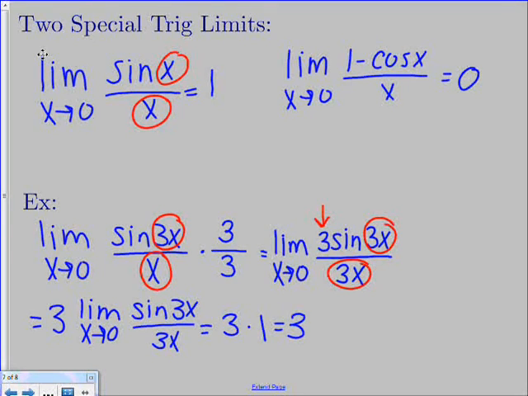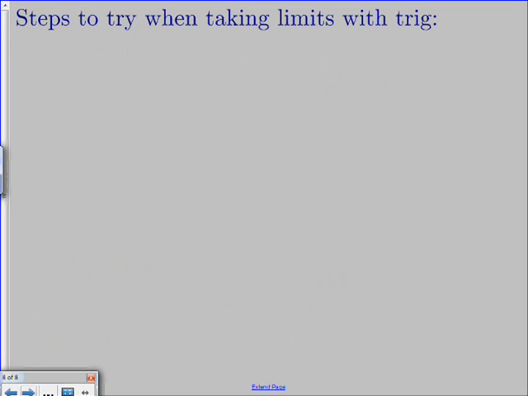So since trig is so complicated for some people and really just is hard for a lot of people to understand, we're going to talk about 3 different methods and tricks or steps to try when you're doing limits that have trig in them. And the first step is going to be those special trig limits.